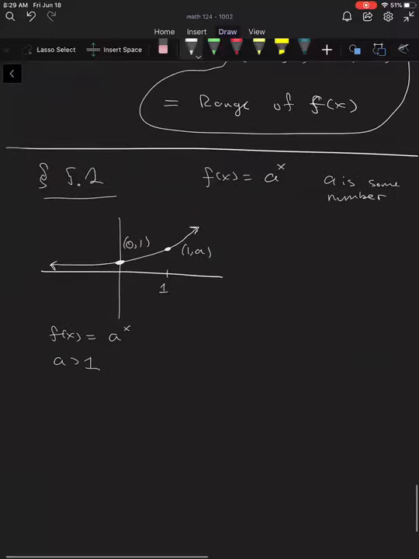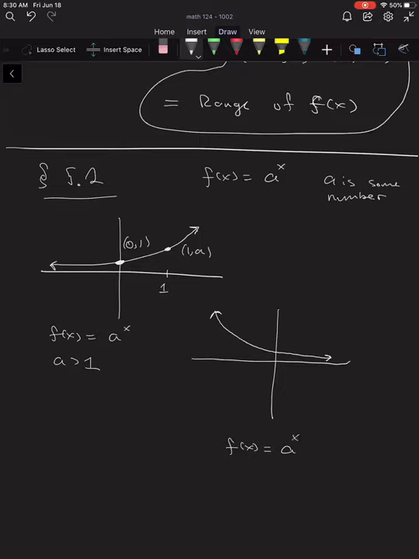The other option goes the other way. And here's f of x equal to a to the x. And here, a is in between 0 and 1, like 1/2 or 1/3, something like that. What we have over here is still the point 0, 1.